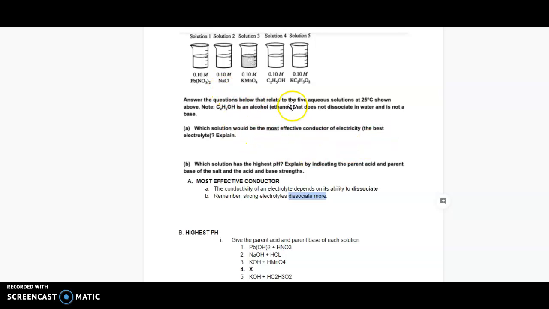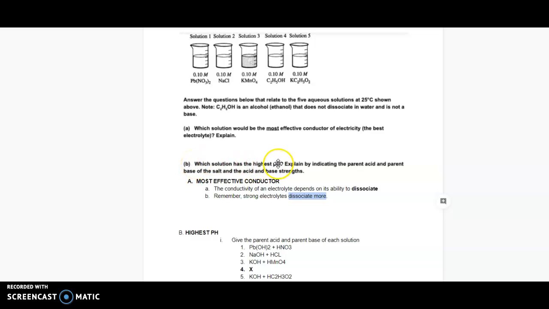When you're trying to explain this, you want to explain it in terms of the strength of the acid and base that makes the salt. So we know that NaOH is a strong base and HCl is a strong acid because they dissociate completely, therefore making them an effective conductor. Moving on to part B.